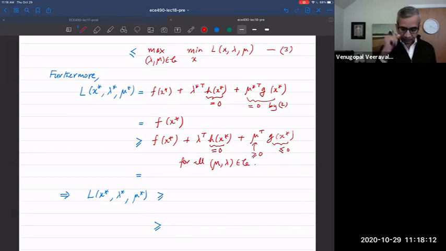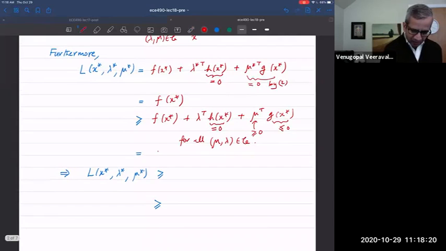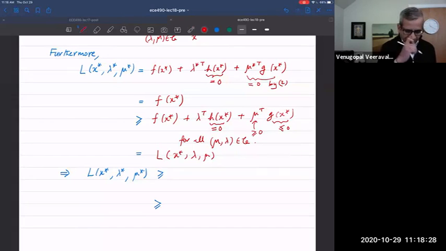But this is L of x star, lambda, mu. So L of x star, lambda star, mu star is bigger than or equal to L of x star, lambda, mu for all lambda, mu belonging to the constraint set.